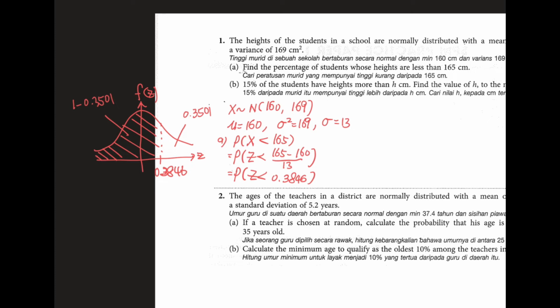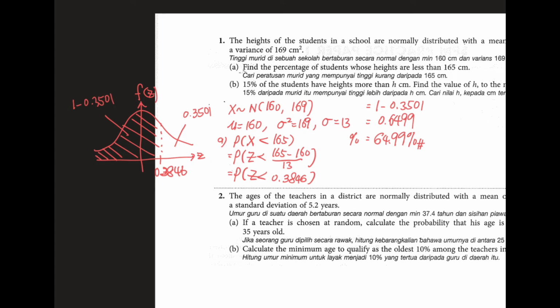So why 1 minus with that? Because 1 is the total probability. So I do it here: 1 minus 0.3501, then we get 0.6499, but as a percentage, right, 64.99%.